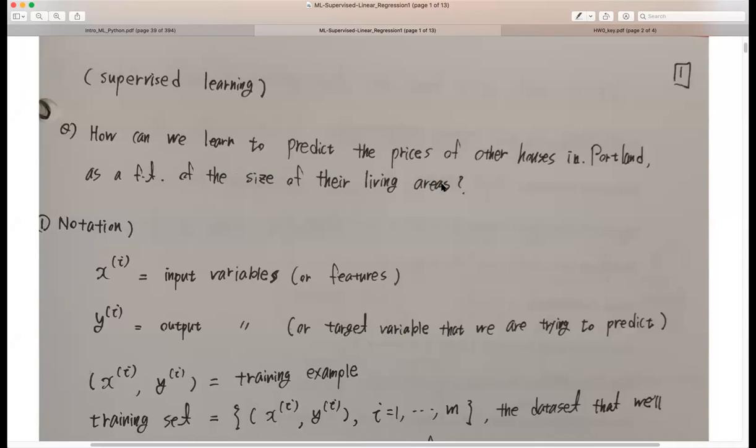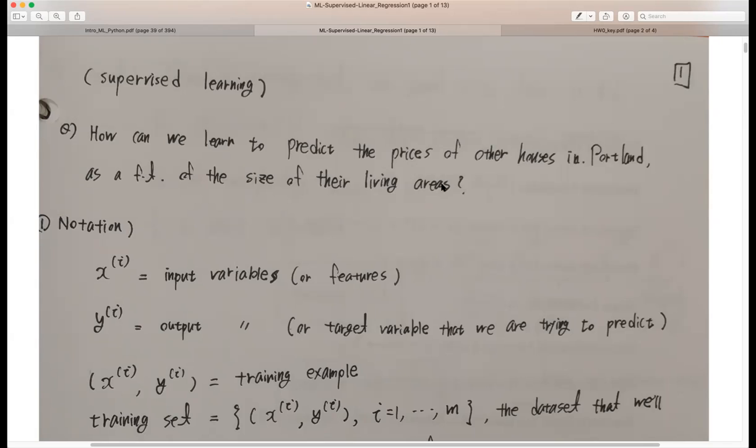We are going to create the model, or a kind of mapping or function, predicting the prices of the house. In this example we'll see Portland, but in the homework you will see Boston.